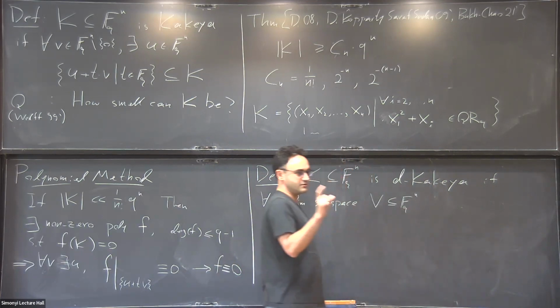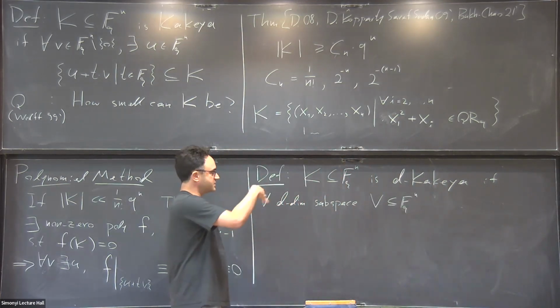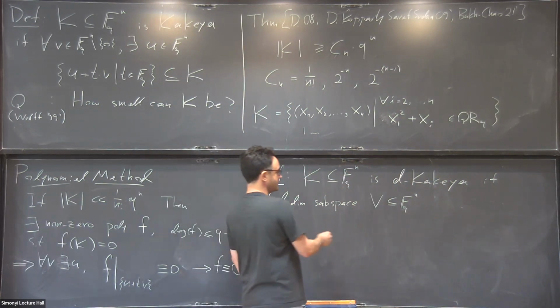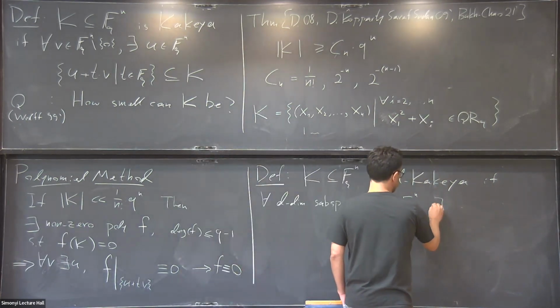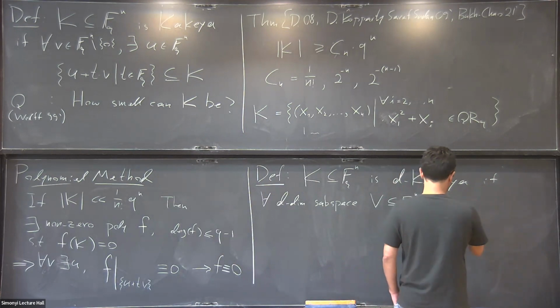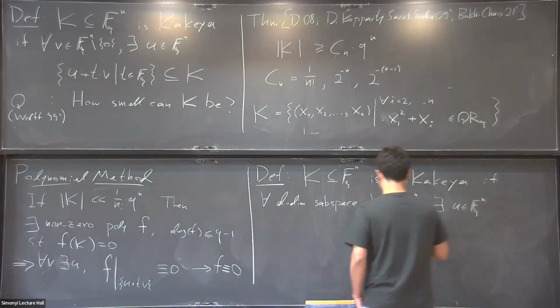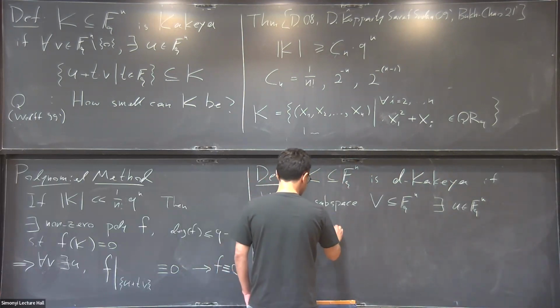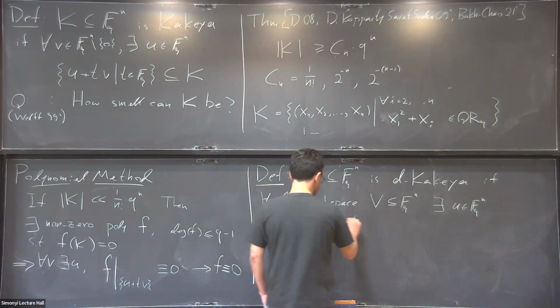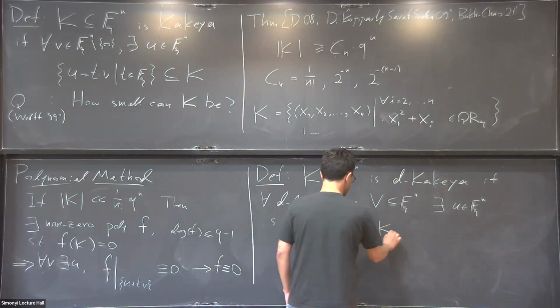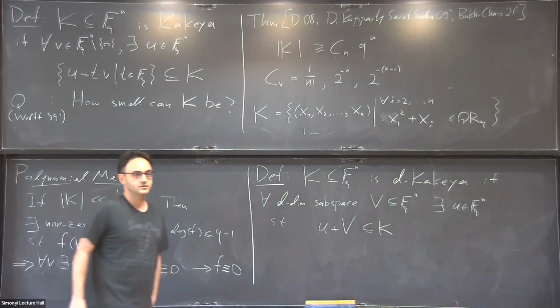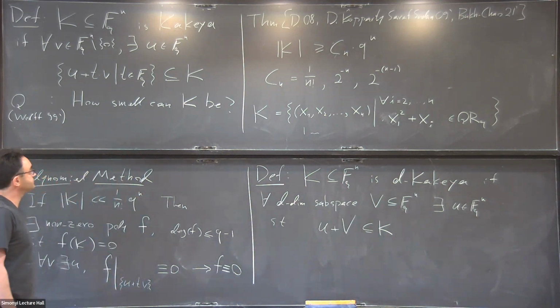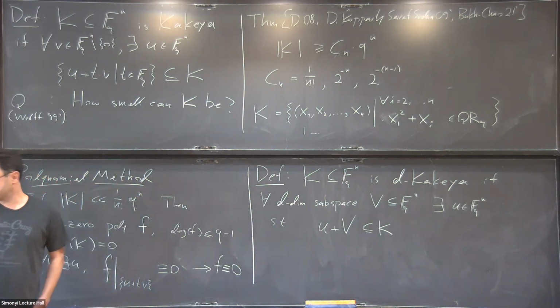So before the direction was a vector, now it's a d-dimensional subspace. Every d-dimensional subspace, you can shift it so that it's in your set. This U such that U plus D is in K. So this is a straightforward generalization.